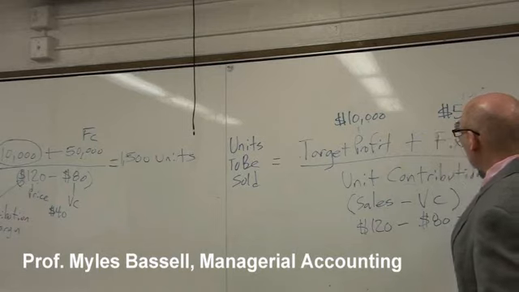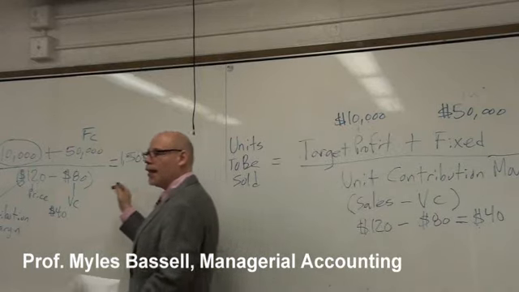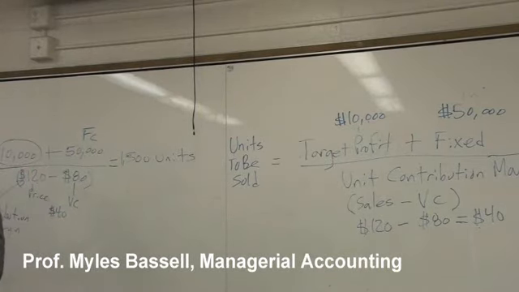So 10,000 plus 50,000 equals $60,000, divided by $40 gives us 1,500 units. So at this price, at $120, we need to sell 1,500 units to be able to make a profit of $10,000.